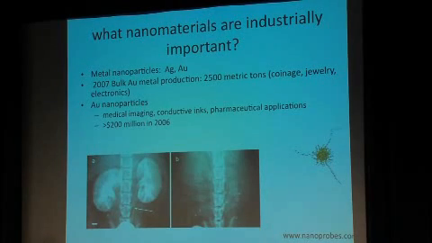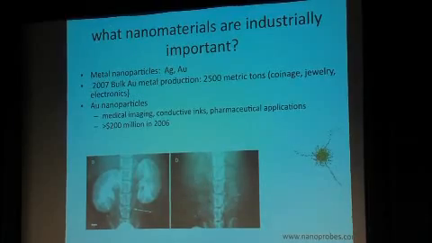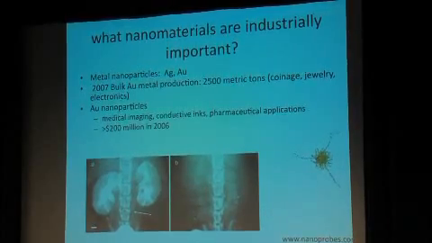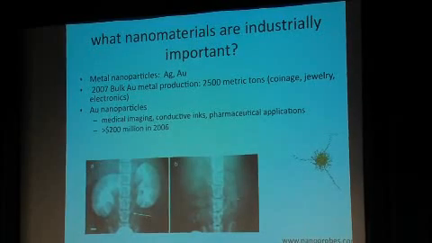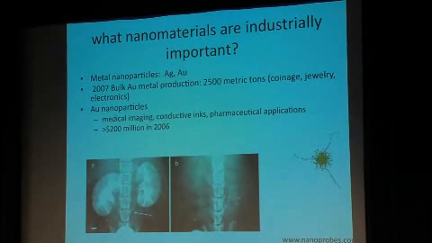Metal nanoparticles, same kind of deal. Of course, gold has a relatively small production. It's used in coinage, jewelry, electronics. The nanoparticles can be quite small. This is a 3 nanometer nanoparticle with an organic coating and some chemical dyes attached to it. These nanoparticles are useful for medical imaging.